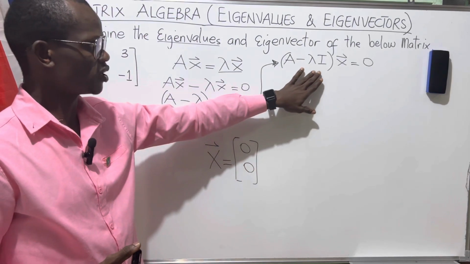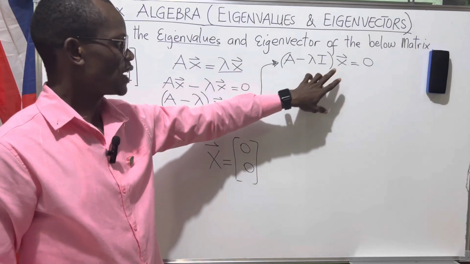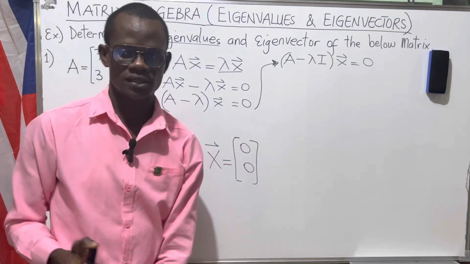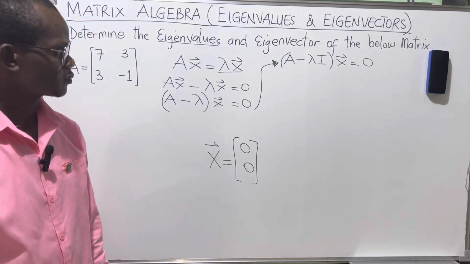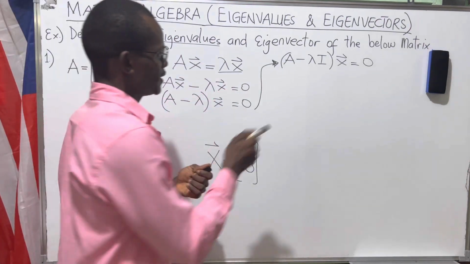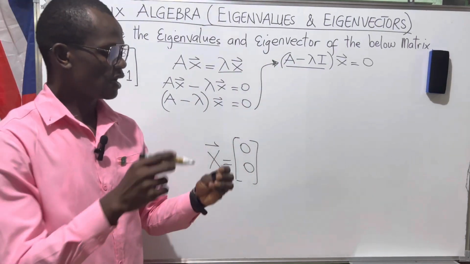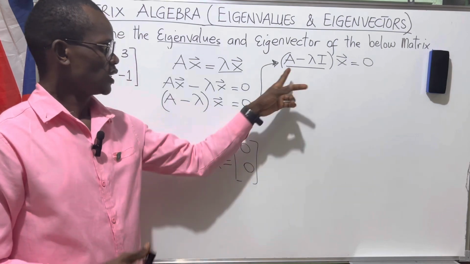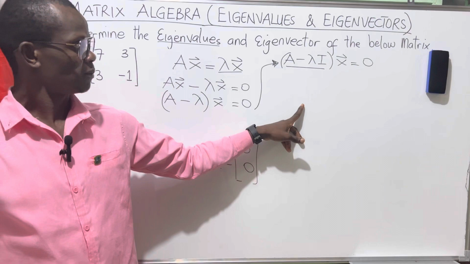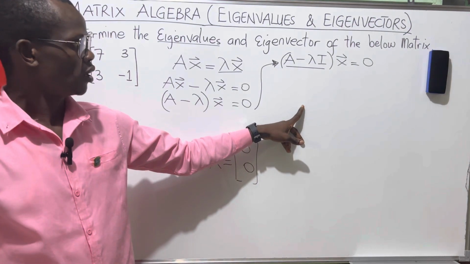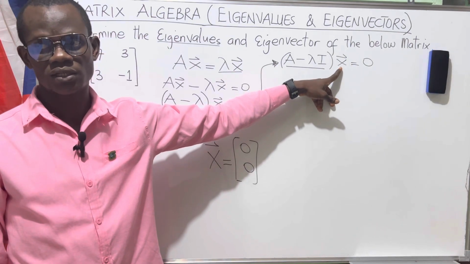We need to bring in some properties that will help us. And one thing we know is that this particular matrix A minus lambda I, for it to give a non-trivial vector at the end result, must satisfy a condition.